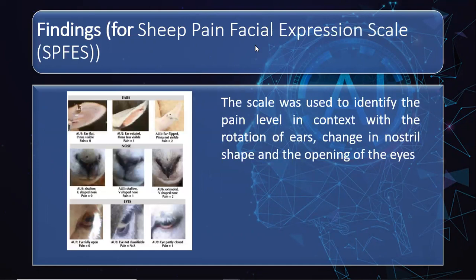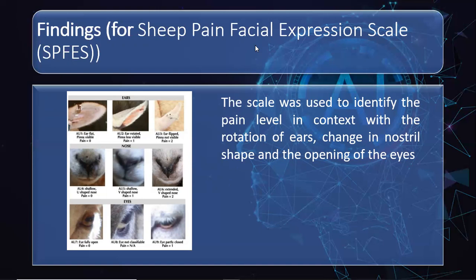So here are the findings indicated in the research article about the three emotion detection methods that were illustrated in the literature studies. The first one is the SPFES.